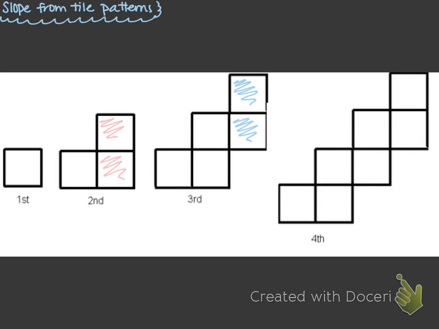And finally, if I look at my fourth set of blocks, I have 1, 2 additional tiles that I did not have on my third set of blocks. So each time my figure is growing by an additional 2 tiles, therefore my slope for this tile pattern is going to equal 2.